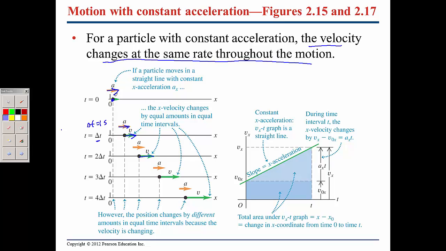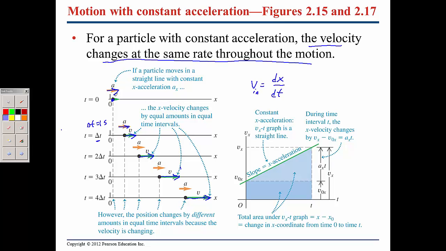So at 2 delta t it's going to be twice as large, at 3 delta t it's going to be 3 times as large, and at 4 delta t it's going to be 4 times as large. So the velocity is going to increase by the same amount for each time interval. That's constant acceleration.